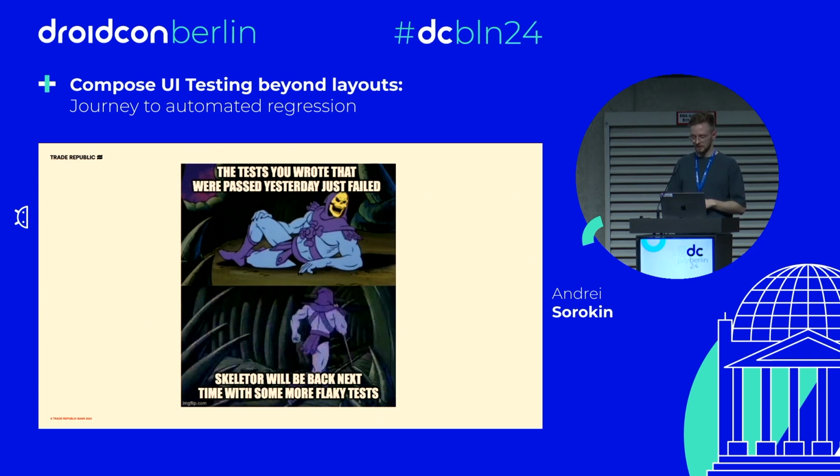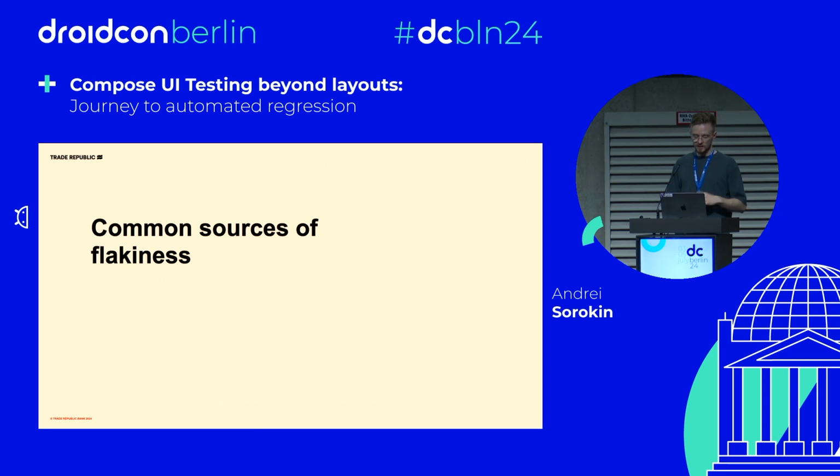So how to do that? Well, you need to be aware of the common sources of flakiness. I think the biggest one is that the screen is just not ready. It's still loading some data, maybe your validation is still working on something, or it's asynchronously trying to render it. For that, you can use a wait-until interceptor.